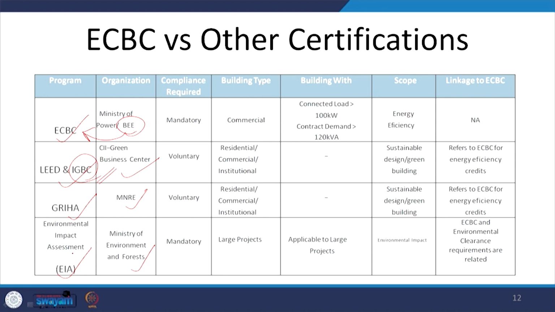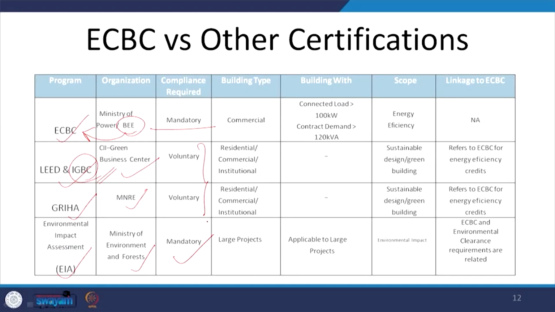Out of all these, ECBC is partly mandatory because it is mandated in some of the states and not in the others. The other two are voluntary. These green building rating programs are in a sense still voluntary in nature in our country, while environmental impact assessment is mandatory, but it is applicable only for very large projects.